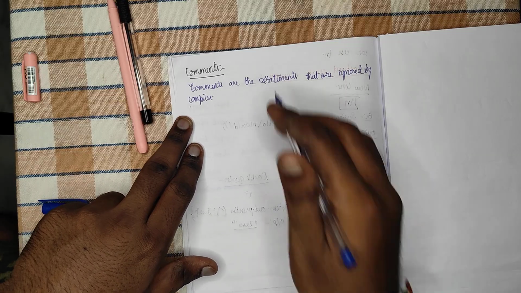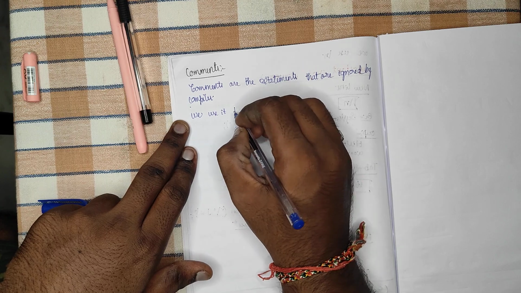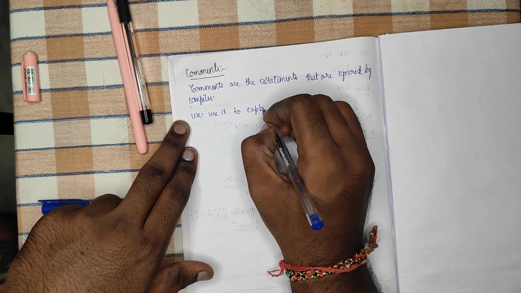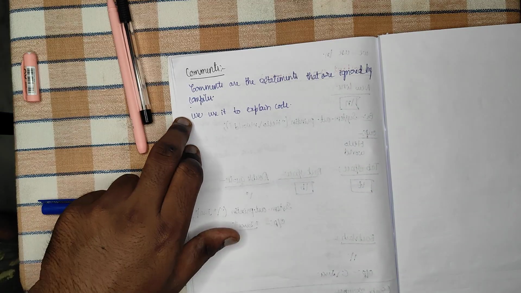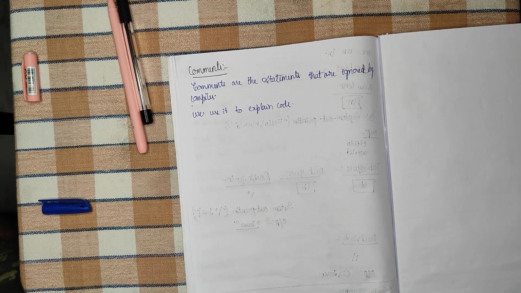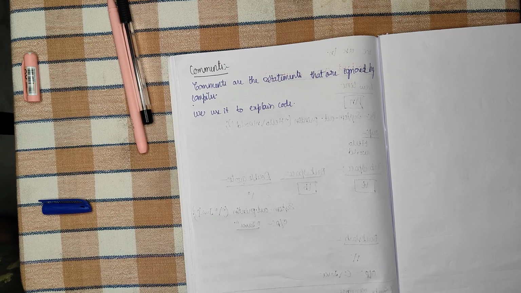So why use comments? We use comments to explain code. Think of comments as notes written in a textbook. The notes help students. Similarly, comments help programmers. There are some types of comments: single line comment, multi-line comment, and documentation comment.